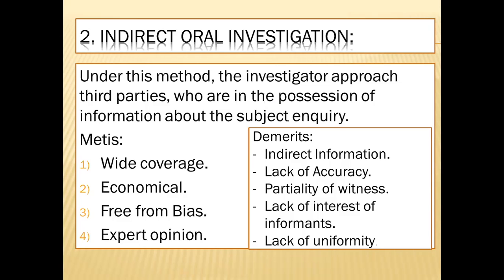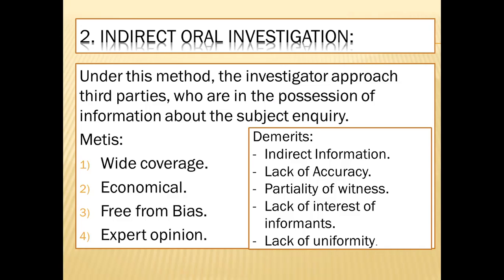Then in case of demerit, the information is indirect, not direct. The person may say the fact or may not. The person who is answering or giving information may be wrong, or not skilled, or not really knowing the facts about that person, so it may be a problem.